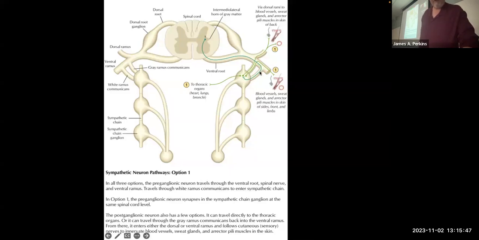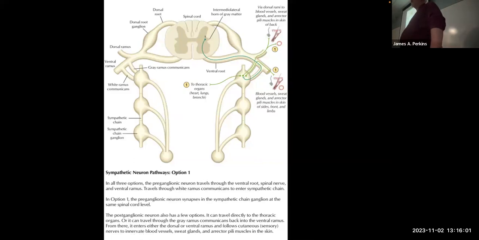And they're going to travel through a special little connection, which is labeled on the left side of the picture, known as a white ramus communicans. Ramus just means branch. Communicans means like communicating, like sort of a connecting branch. And it's called white, not because it looks white from the outside. They're kind of hard to see because they're very small.